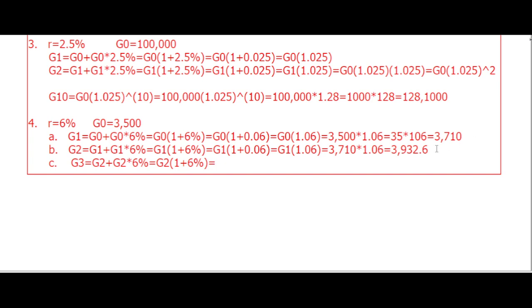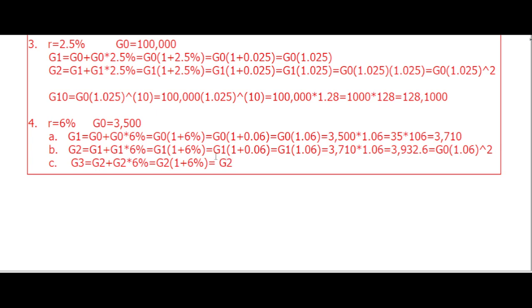Here we can express it like this: G1 times 1.06. Instead of G1 we can use this, so this is equal to G0 times 1.06 to the power of 2. For deriving the nth term formula we have to put it like this.